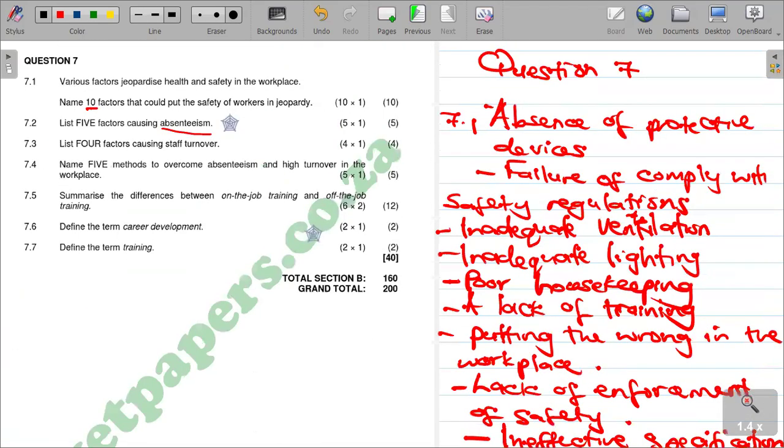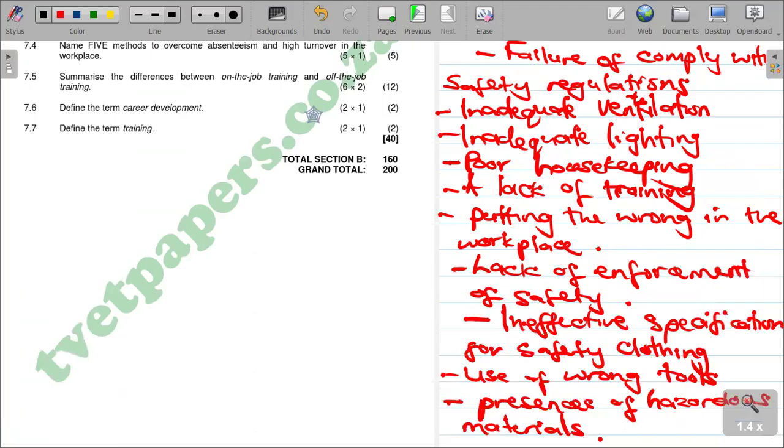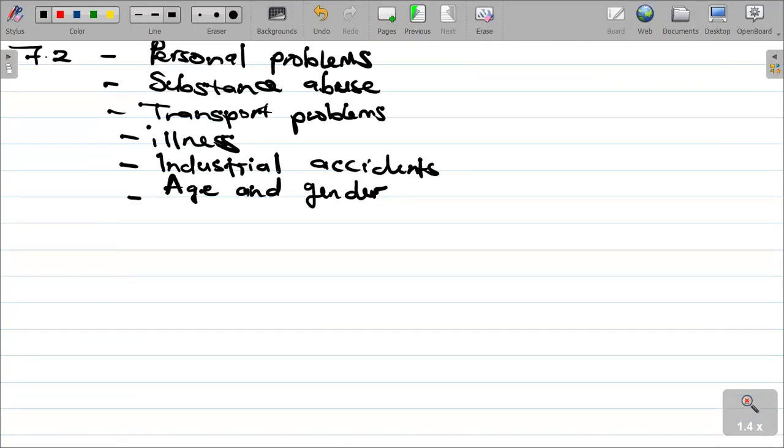Right, let's go to 7.3. List 4 factors influencing staff turnover. Factors influencing staff turnover.